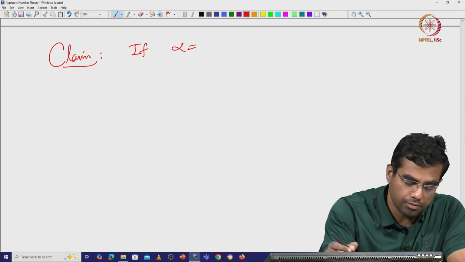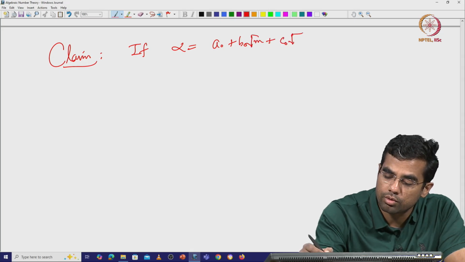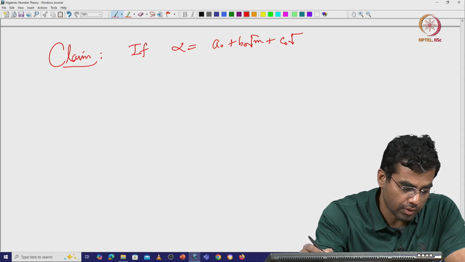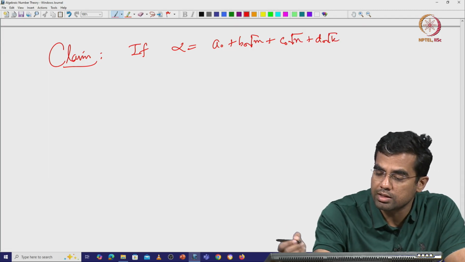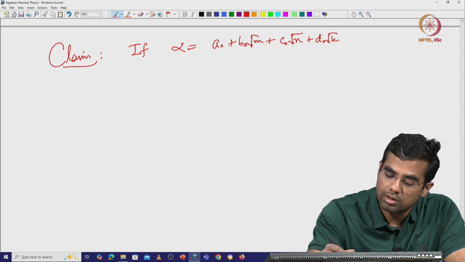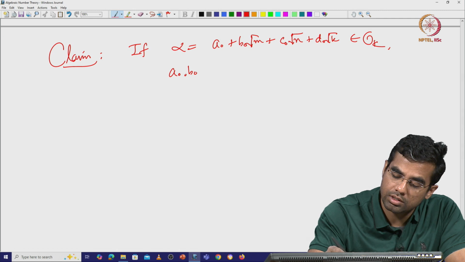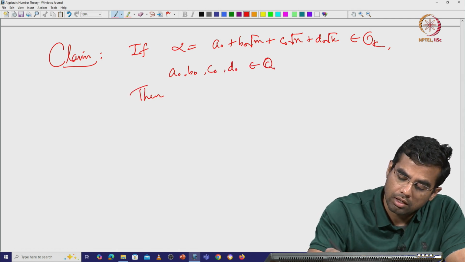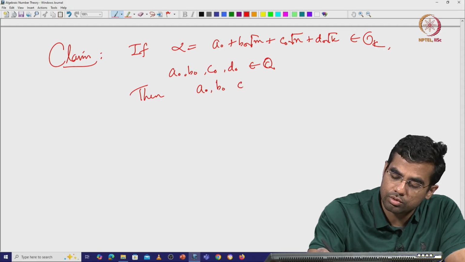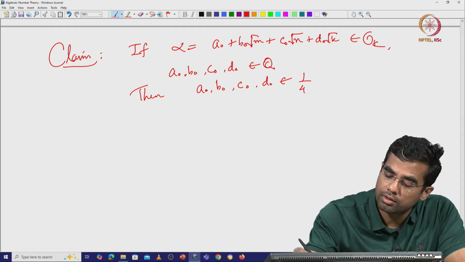If α = a0 + b0√m + c0√n + d0√k, this is the notation that we used last time, where a0, b0, c0 and d0 are in Q, then in fact a0, b0, c0 and d0 belong to (1/4)Z.